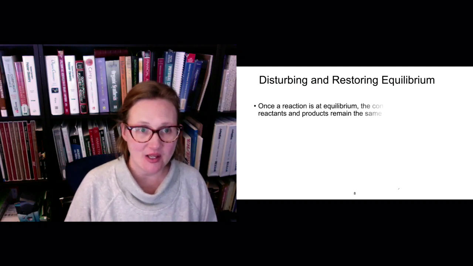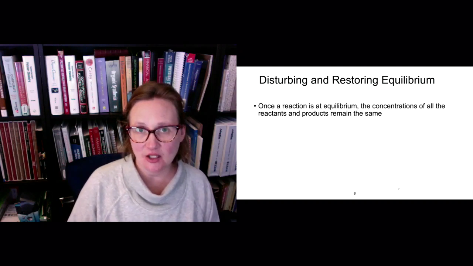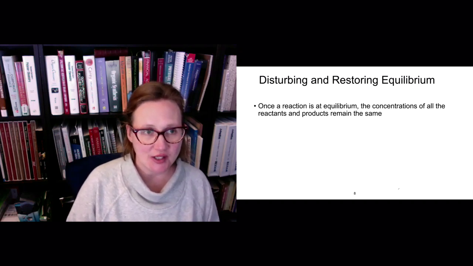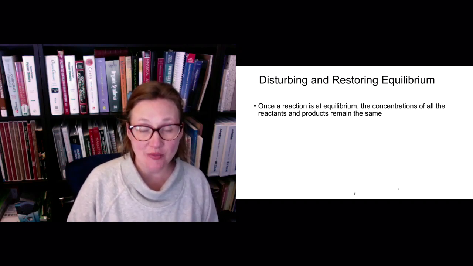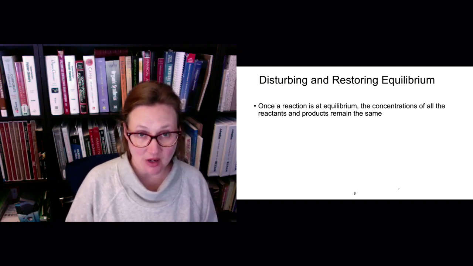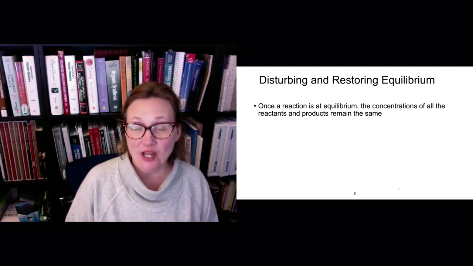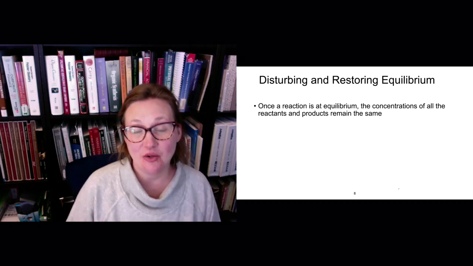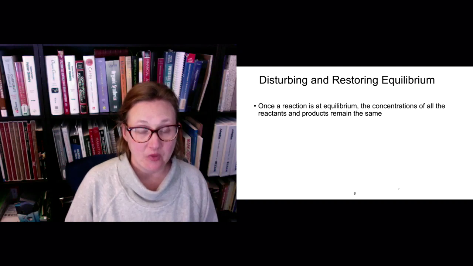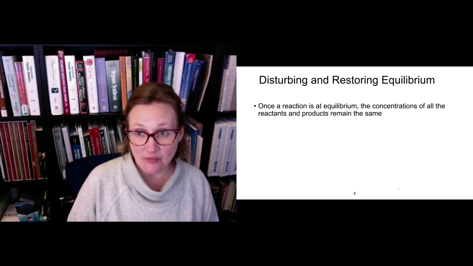All right, so now let's dig in deep to this idea of Le Chatelier's principle. What we're going to do with Le Chatelier's principle is disturb an equilibrium. And the reaction will always respond in order to restore that equilibrium. Okay, so once a reaction is at equilibrium, the concentrations of those reactants and products remain the same.